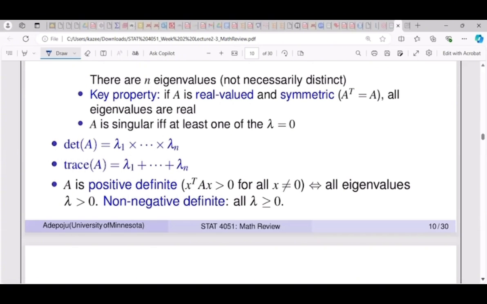And A is positive definite in the situation where all the eigenvalues are greater than 0. Therefore, non-negative definite means lambda greater than or equal to 0, because lambda can be 0, can be greater than 0, but if it is strictly greater than 0, we call that positive definite.